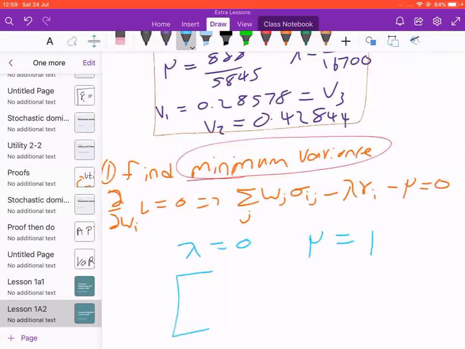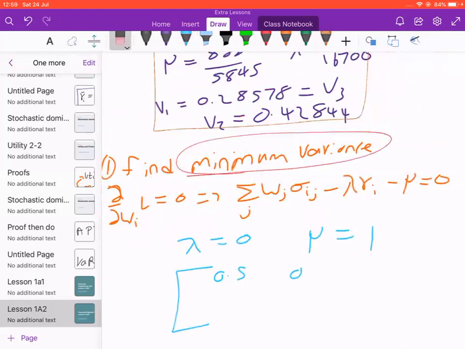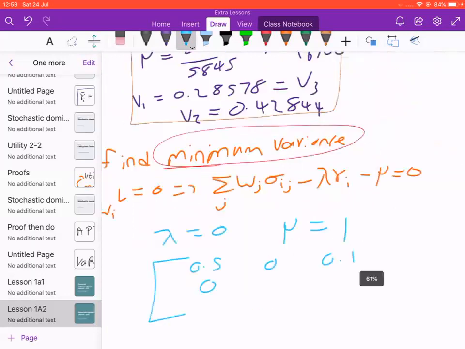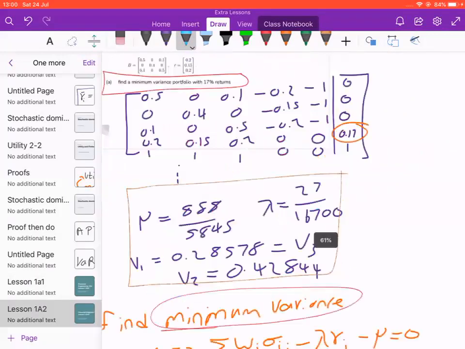So you're going to have 0.5, 0.1, 0, 0.1, 0.4, 0, 0, 0.1, 0, and 0.5.